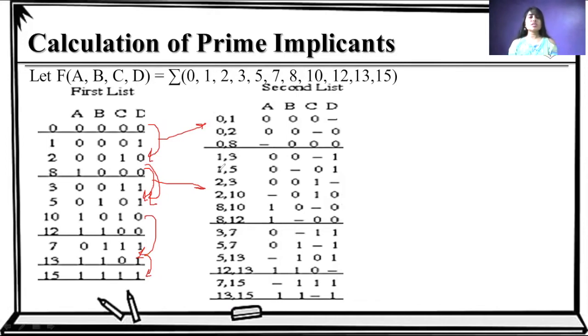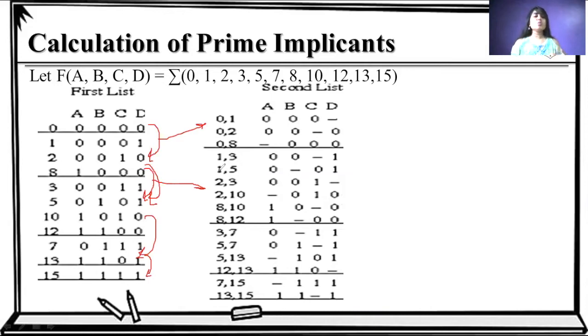We use this underline to differentiate the terms for the next comparison. So here terms 0 and 1 can combine like 0, 0, 0, dash. Then 0 and 2 can combine, so we have 0, 0, dash, 0, because we have a 1 bit difference there. Then we have 0 and 8: dash, 0, 0, 0.